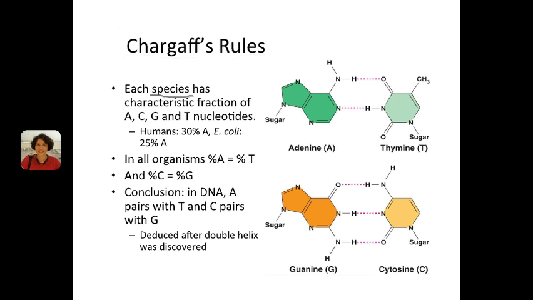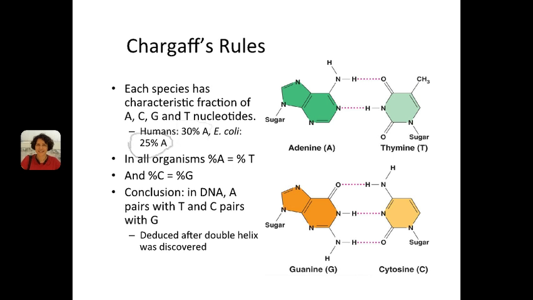So for instance, in humans, we have 30% A nucleotides, while E. coli has only 25% A. And if you look at different humans and different E. coli bacteria, you find that in general, E. coli has 25% A, while humans have 30% A.